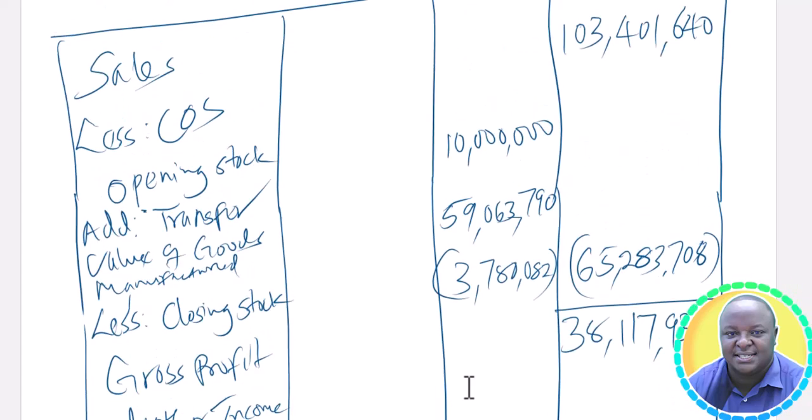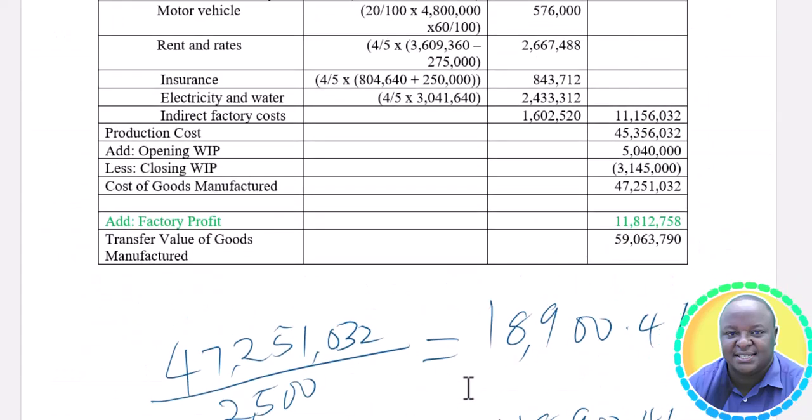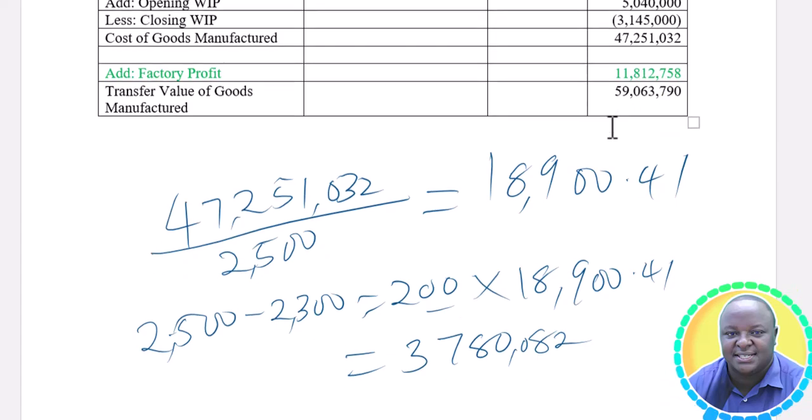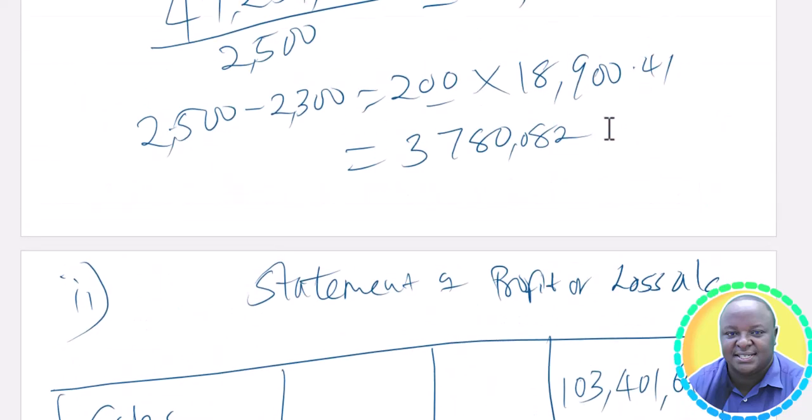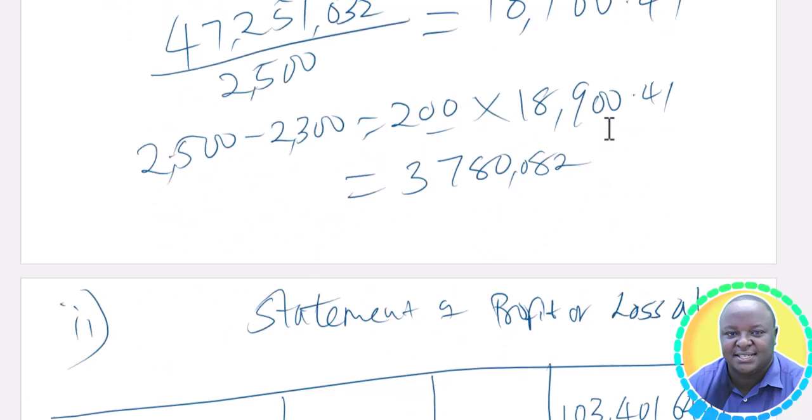Factory profit, we got it up here. That is 11,812,758.